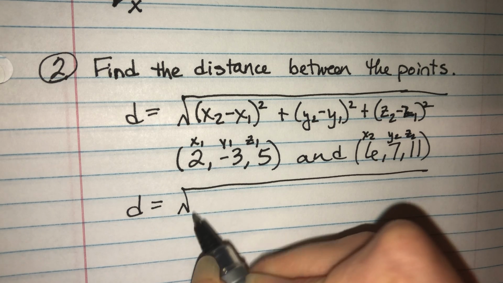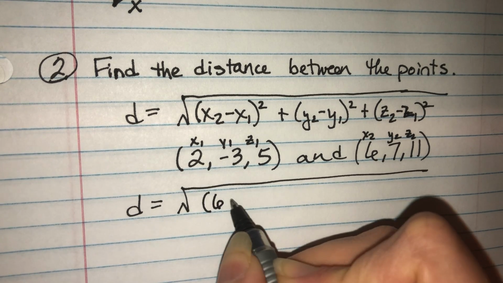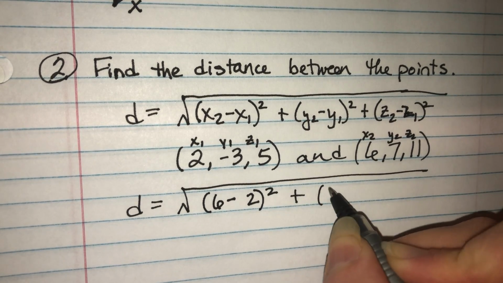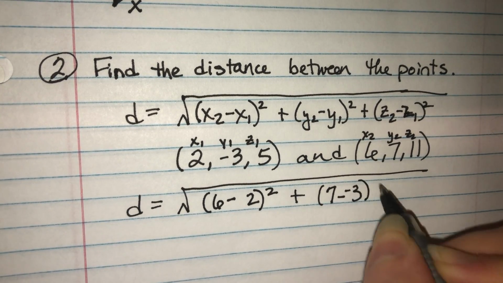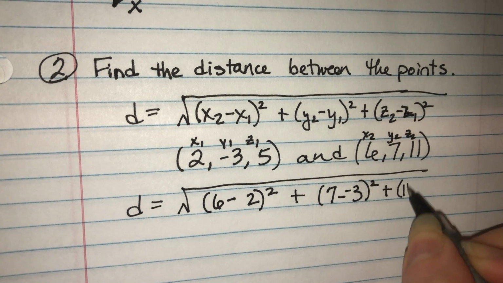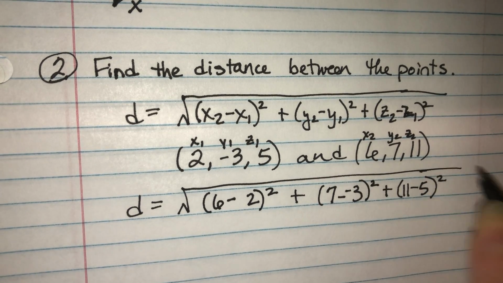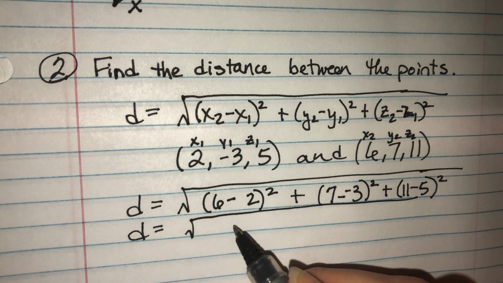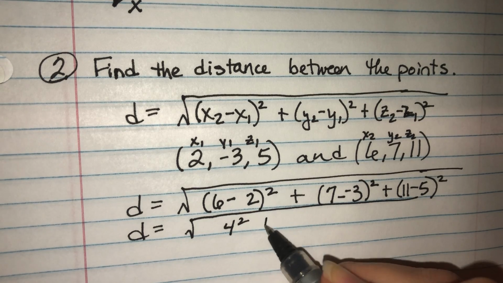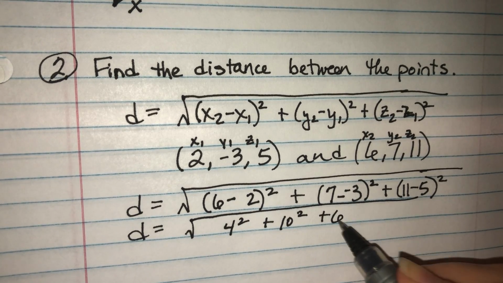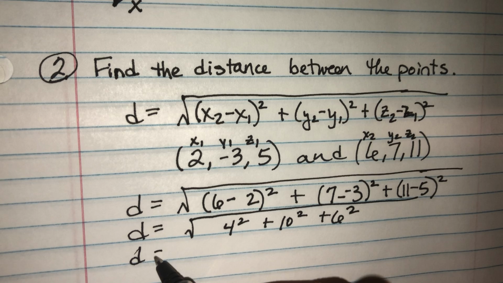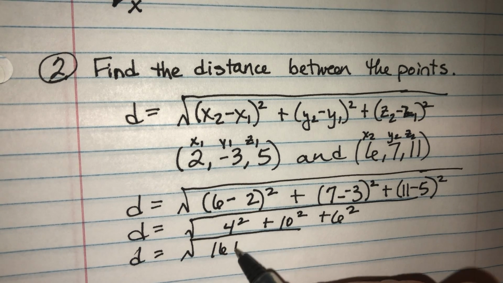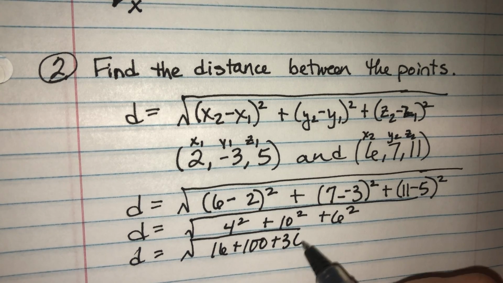So we start with our x2, which is 6, minus our x1, which is 2, parentheses squared, plus 7 minus -3, parentheses squared, plus 11 minus 5, close the parentheses squared. So the distance would equal 4 squared plus 10 squared plus 6 squared. So the distance would equal the square root of 16 plus 100 plus 36.